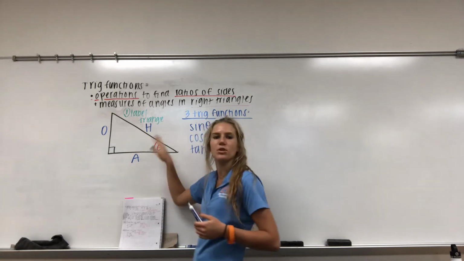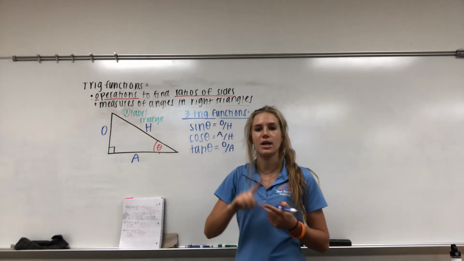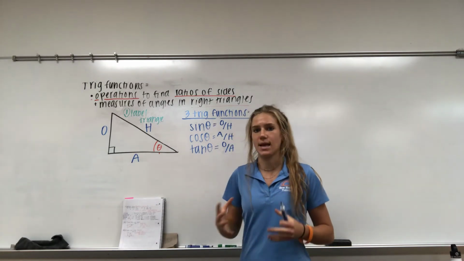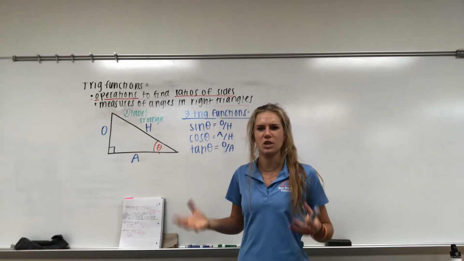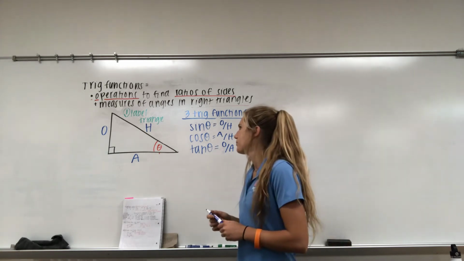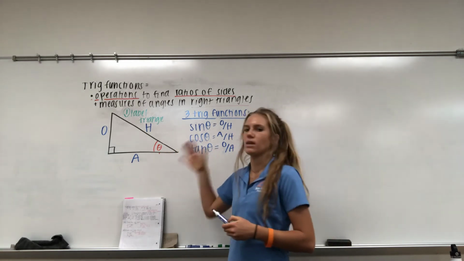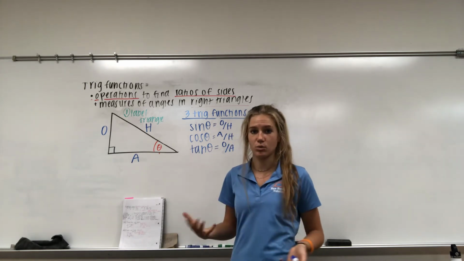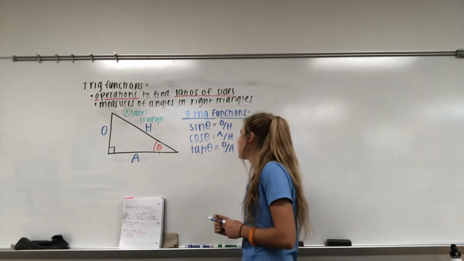Depending on how I label the triangle, with my opposite, my adjacent, my hypotenuse, the actual measurements are going to stay the same. They're not going to change just because we change the label on it. But it is important to label it correctly, because we want to know the actual correct relationships of the sides.